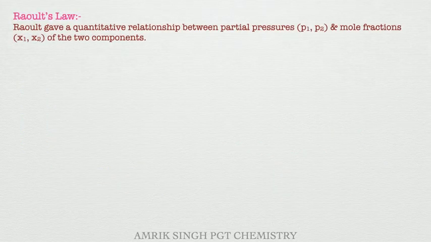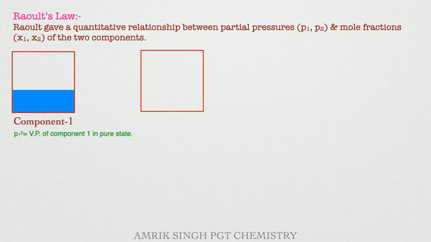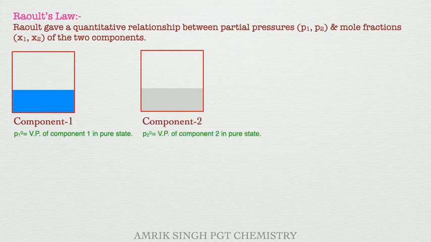Now we move to the next topic, Raoult's law. Raoult gave a quantitative relationship between the partial pressures P1, P2 and the mole fractions X1, X2 of two components present in a solution. Suppose I have component 1 and P naught 1 is the vapor pressure of component 1 in the pure state, and I have component 2 and P naught 2 is the vapor pressure of component 2 in the pure state.